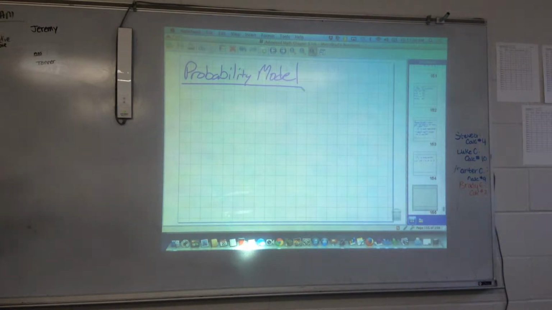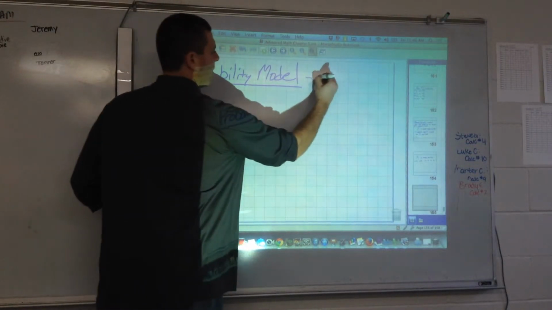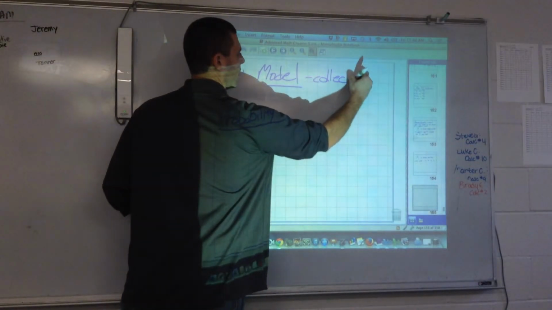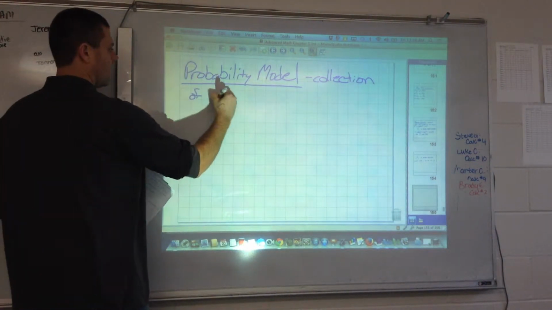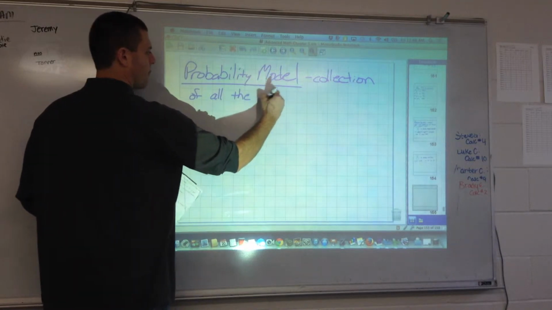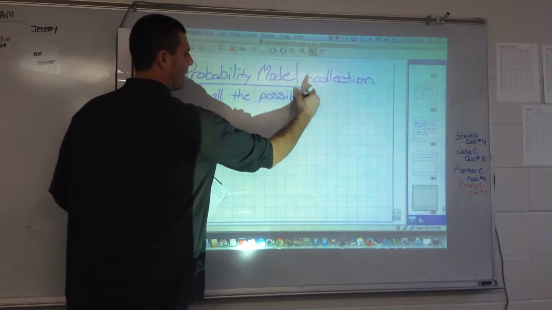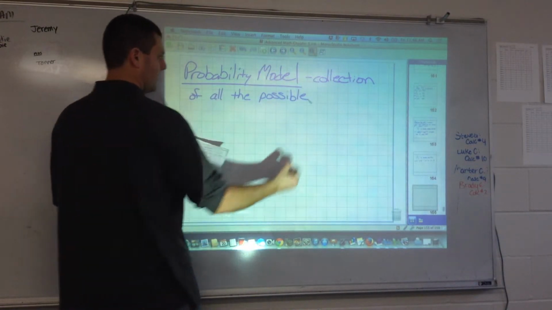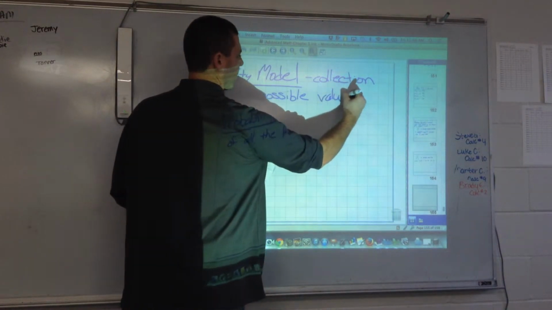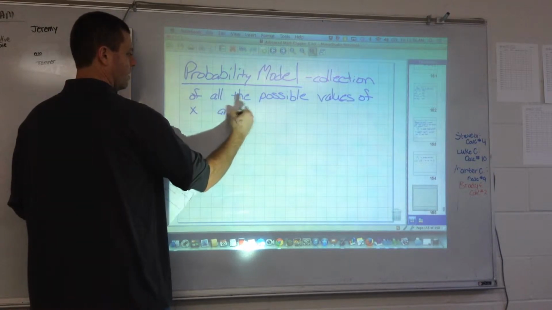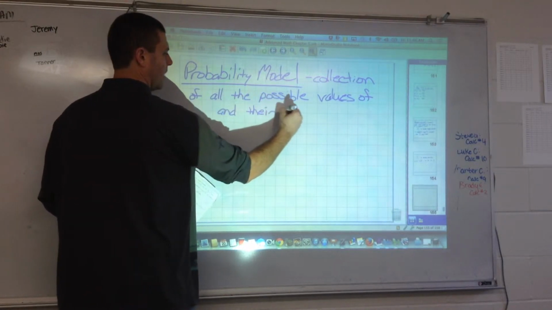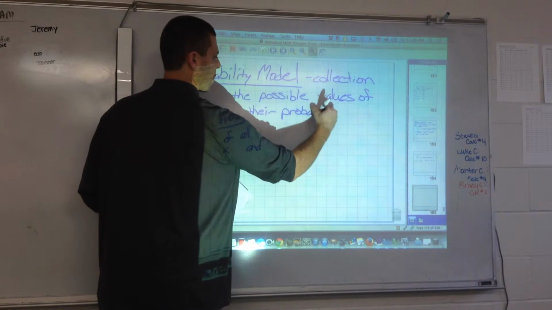A probability model is a collection of all the possible values of x and their probabilities.